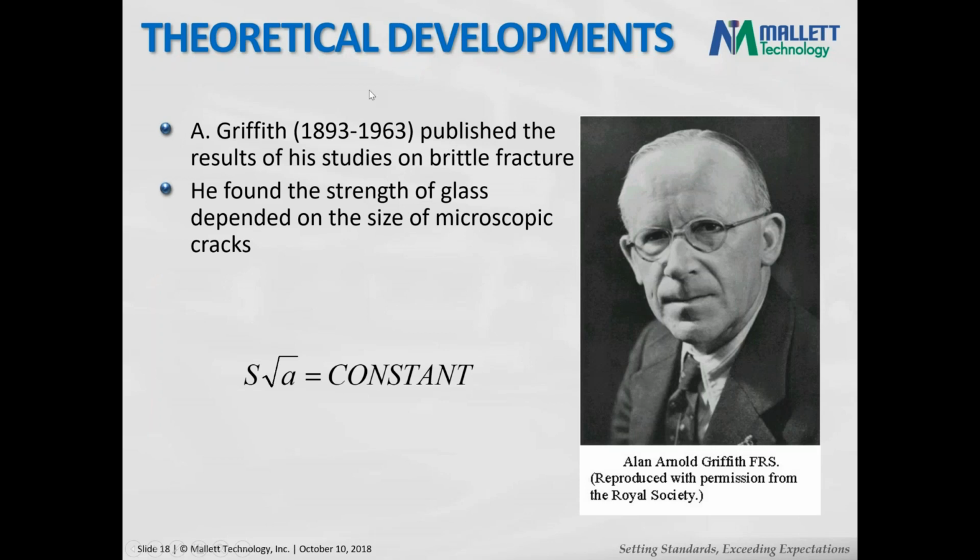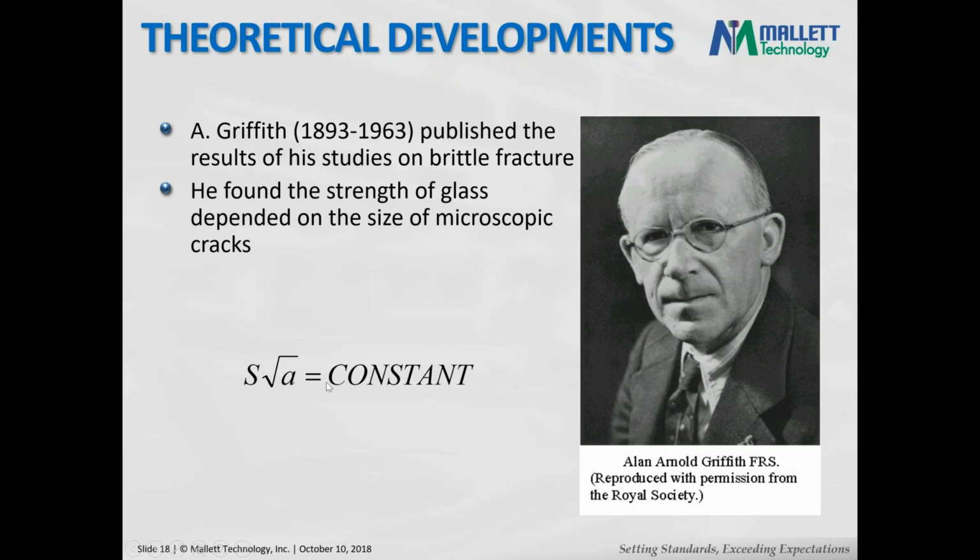And so in the history of how fracture mechanics was established, really back in 1921, Griffith tested a lot of glass panels, and he found that the strength of the glass depended on the size of the crack.